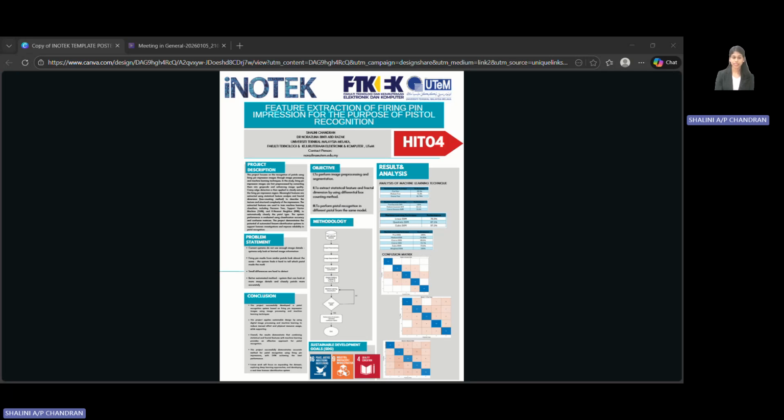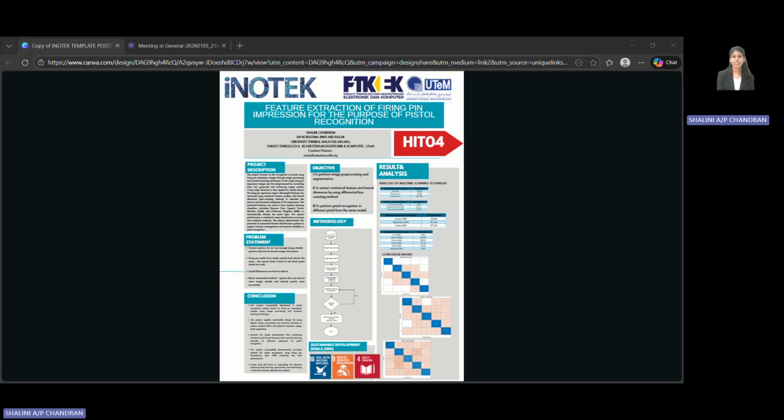So because of this, the system finds it difficult to decide which pistol made the mark. So the differences between these marks are very small, so they are hard to detect. So therefore, a better automated system is needed that can look at more image details and classify pistols more accurately.